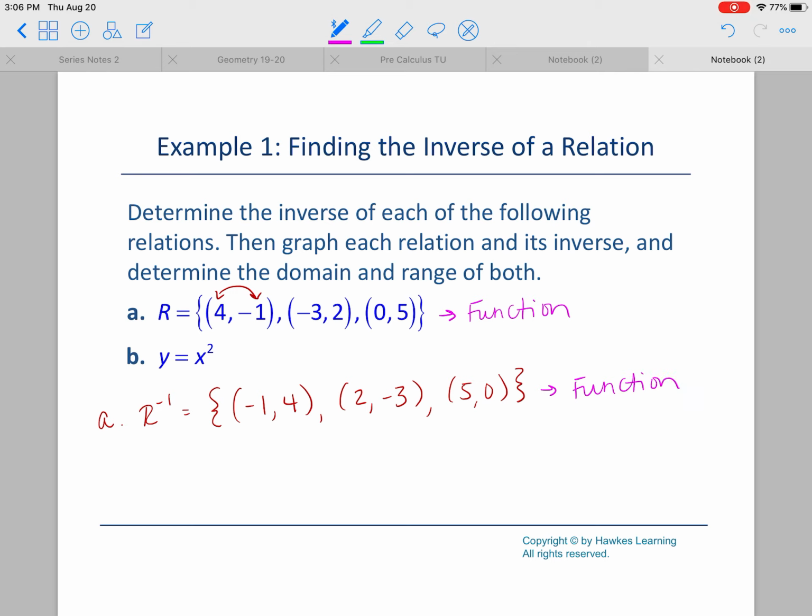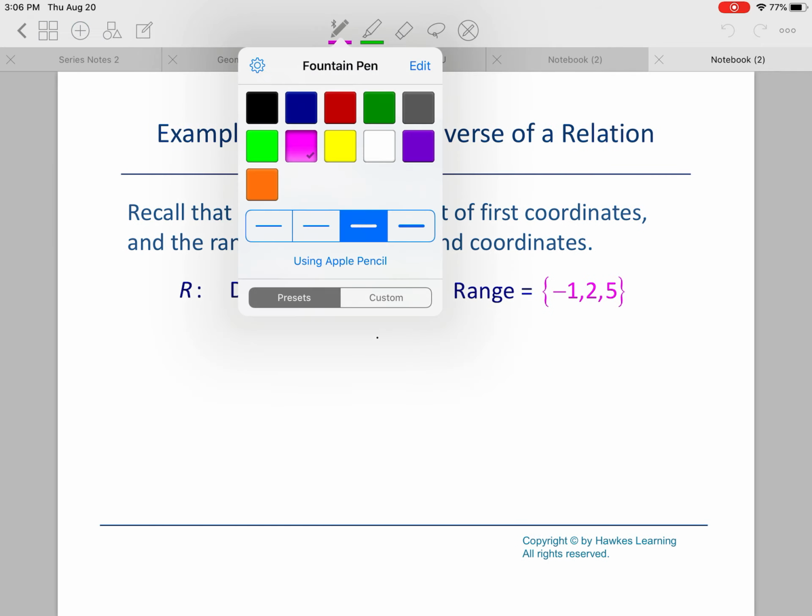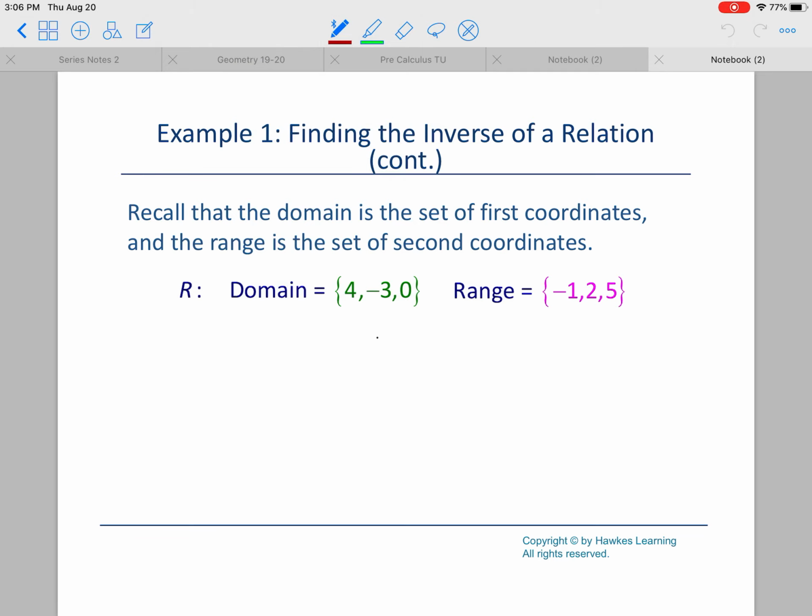Okay, we're going to look at B in just a second on the graph. And we're going to look at A on the graph too, but then it says determine the domain and the range of both. So still looking at A. My domain, remember, is all of my x values. And my range is my y values. So here in relation R, my domain was 4, -3, 0, and my range was -1, 2, and 5.